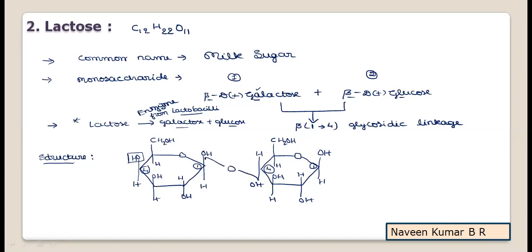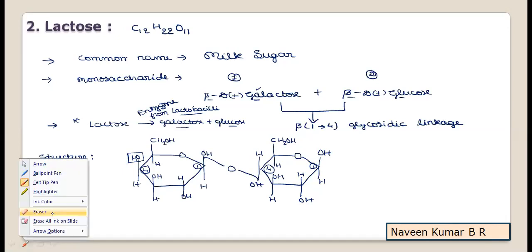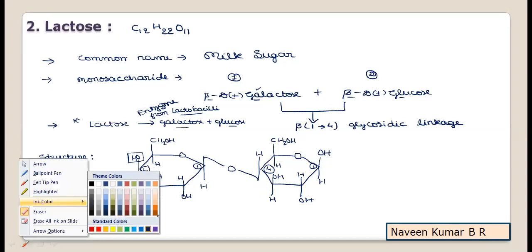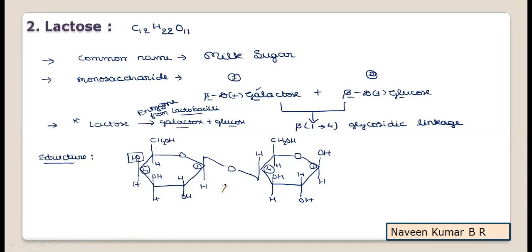Now these two carbon atoms will interact. During their interaction, this hydroxyl group will interact and one water molecule is eliminated in the process. As a result, you are going to see the linkage as beta for the first configuration, 1 to 4 glycosidic linkage.